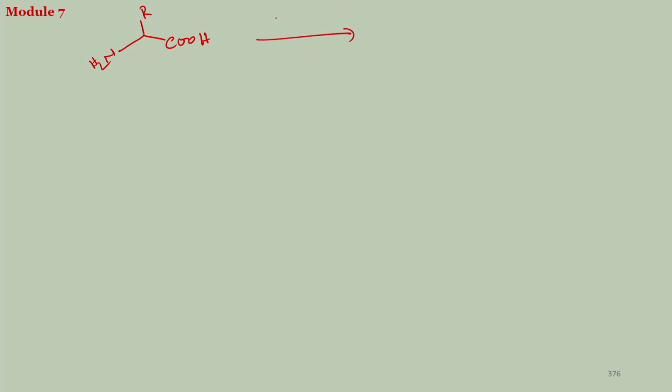NH2, if you treat this with Fmoc chloride, then you have NH, CO, O, CH2, and here you have the fluorenyl part.